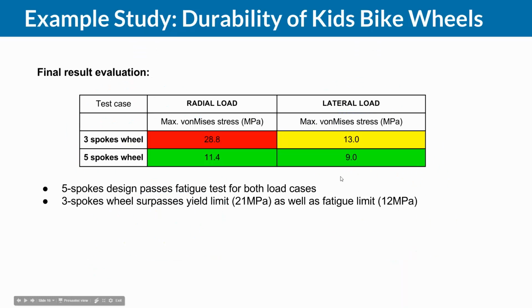So if you summarize the results, we see that the 5-spokes design actually passes our criteria, and the 3-spokes design does not, because it plastifies and it also doesn't fulfill the fatigue limit.